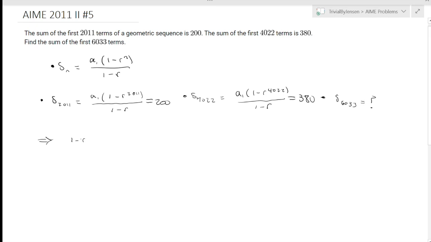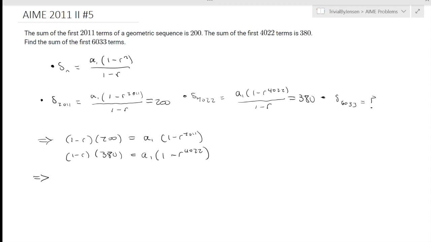We have 1 minus r times 200 equals a1 times 1 minus r to the 2011. And then we also have that 1 minus r times 380 is equal to a1 times 1 minus r to the 4022.